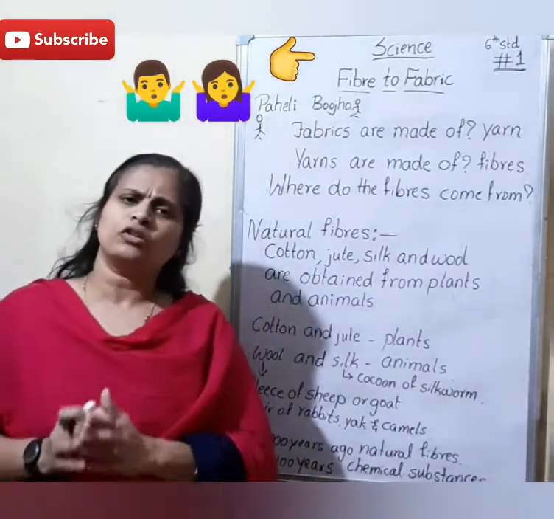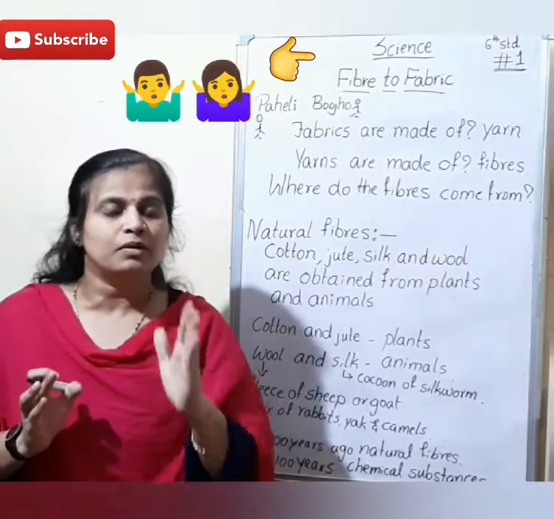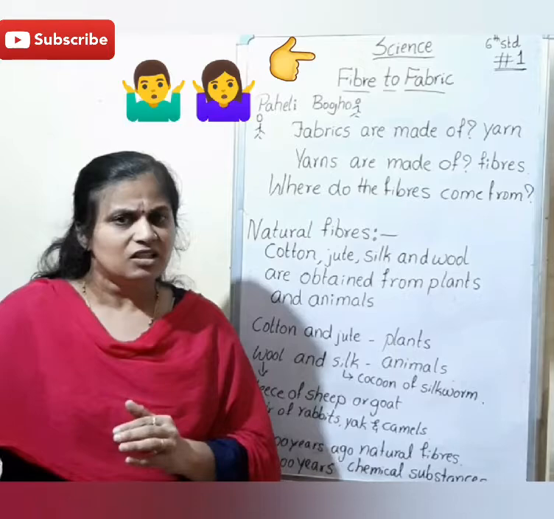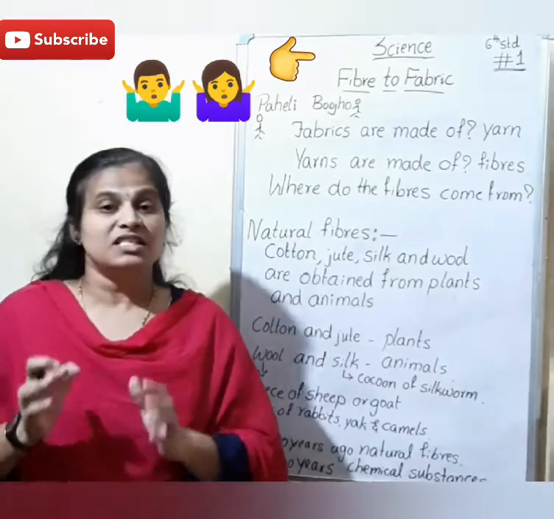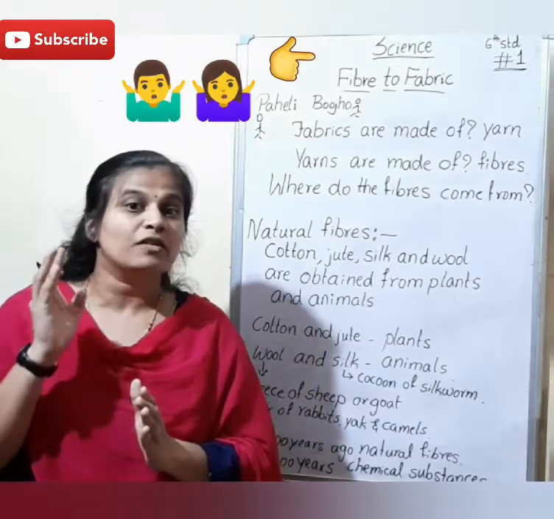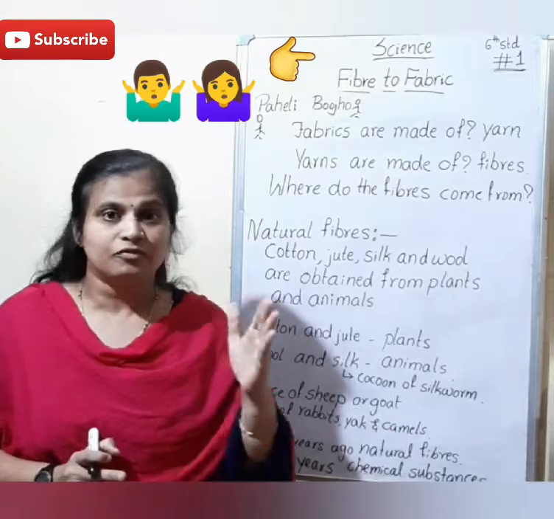Around 4,000 years ago, only natural fibers were used to make fabrics, whereas in the last 100 years we started to use clothes or fabrics made up of chemical substances. They are called synthetic fibers.